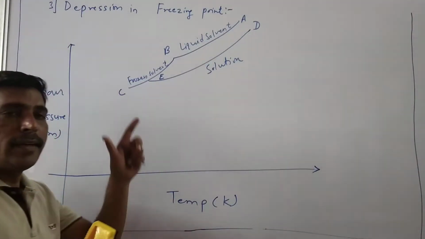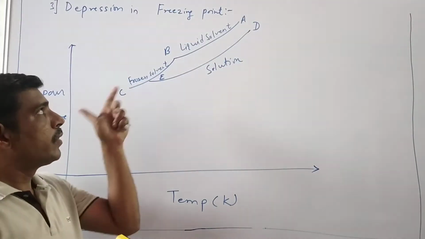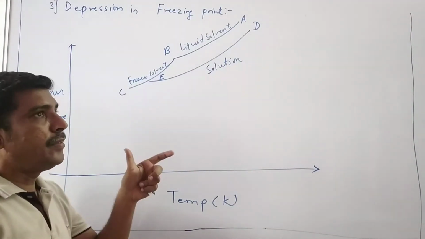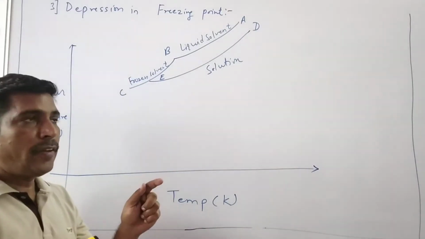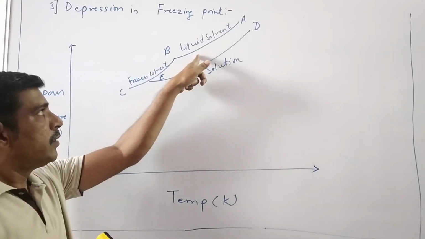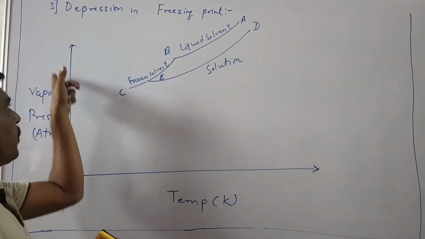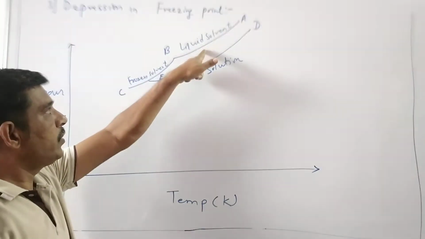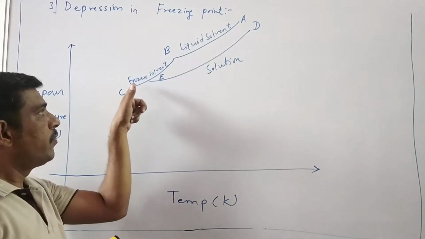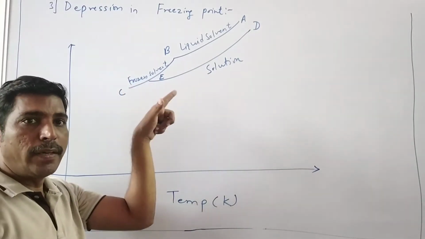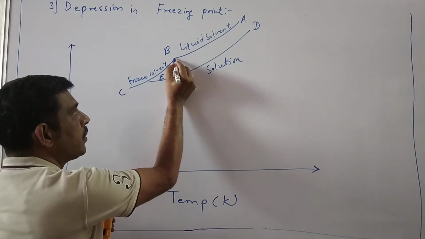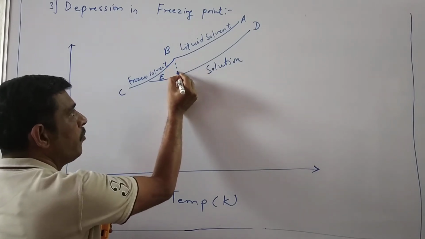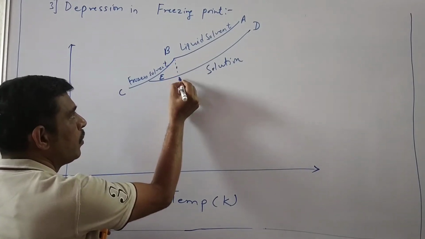As I told earlier, what is meant by freezing point? Freezing point is the temperature at which the vapor pressure of the liquid solvent and the vapor pressure of the solid of that material will be the same. So this point B will represent a common vapor pressure.